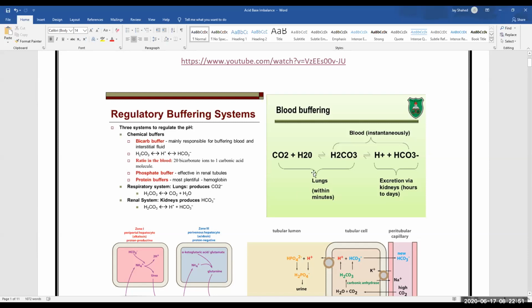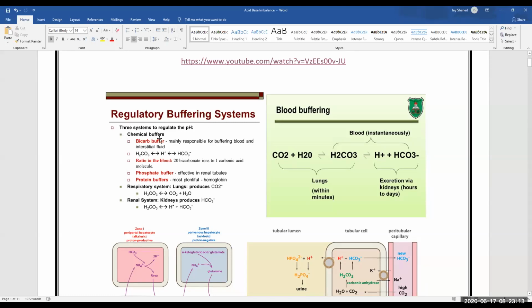The pH is the detector for the amount of hydrogen protons that we have in our body. This hydrogen is the main thing that we look at, and that's what the pH measures. There are different ways to balance this hydrogen, and these are referred to as buffers.